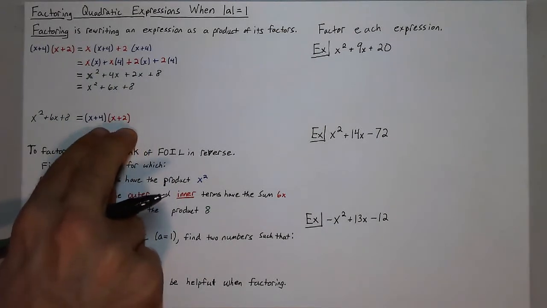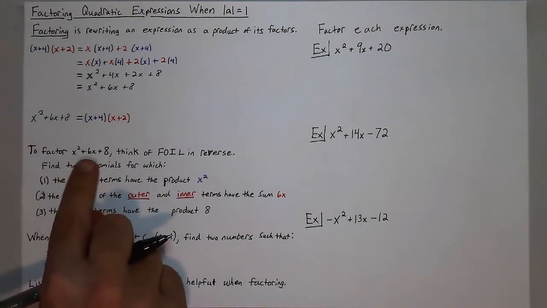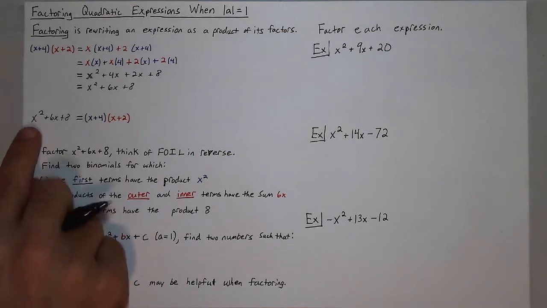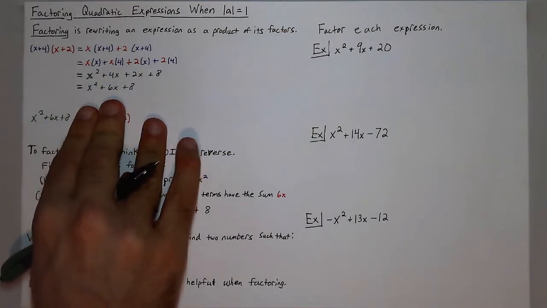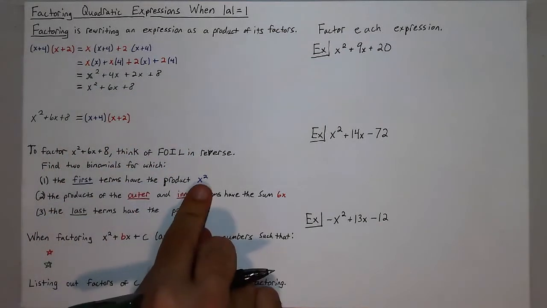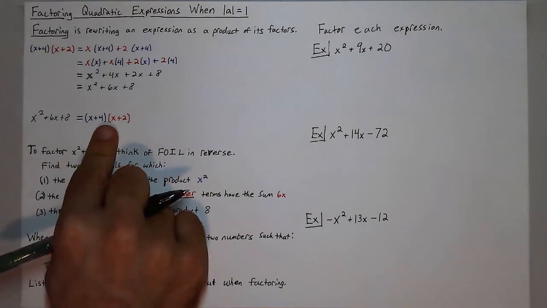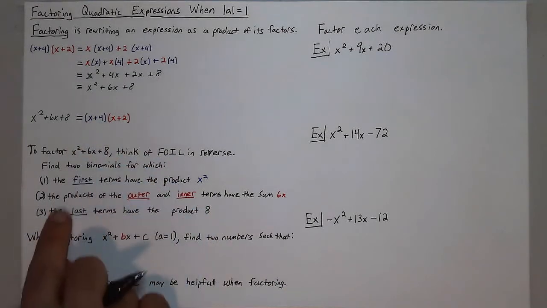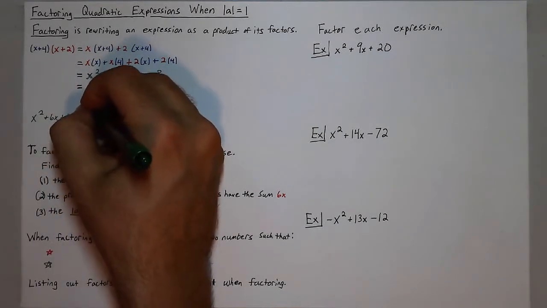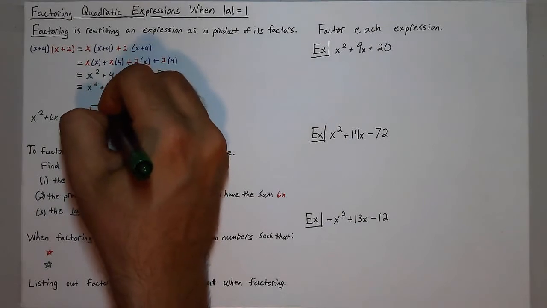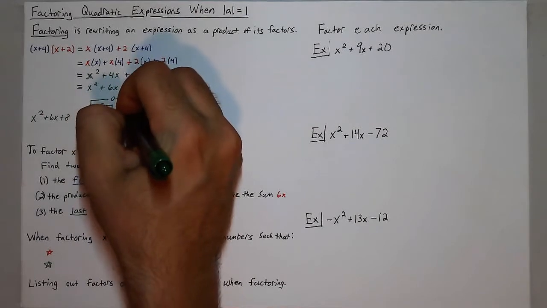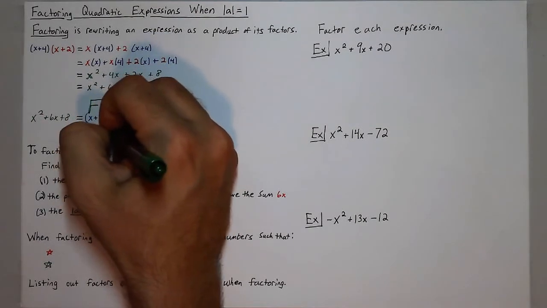So it seems that to factor x squared plus 6x plus 8, we kind of think of FOIL in reverse. Meaning, if we only had x squared plus 6x plus 8, I want my first terms, when I multiply them out, to have a product of x squared, which if they're both just x, then that's guaranteed. And the outer and inner products: x times 2 and 4 times x.